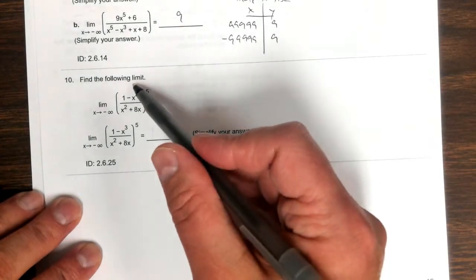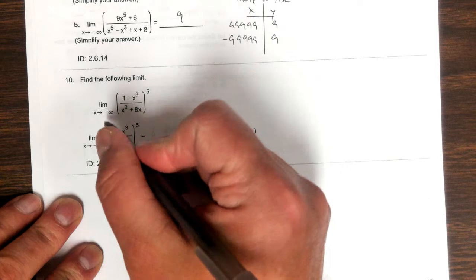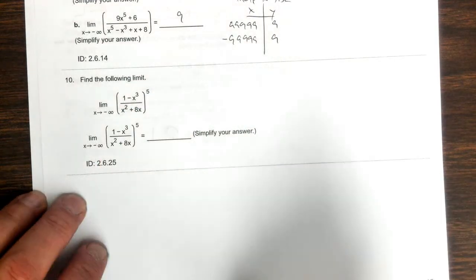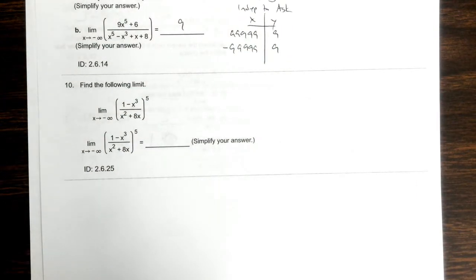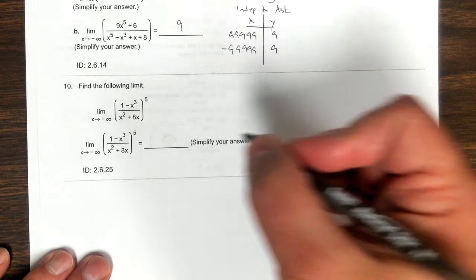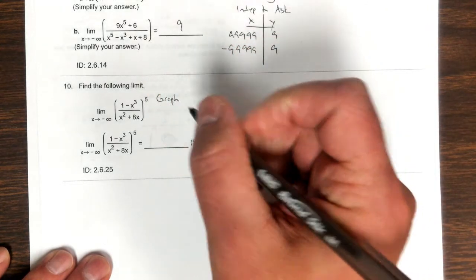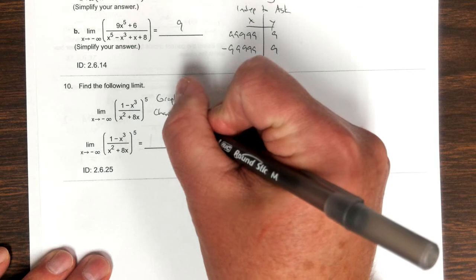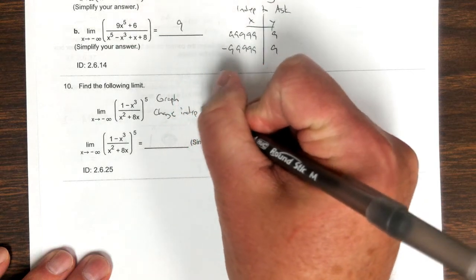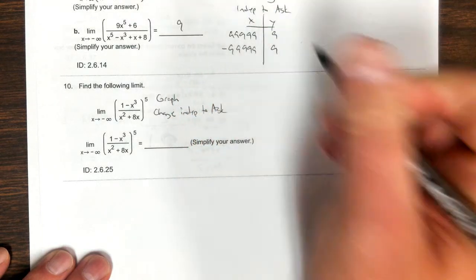Okay, on the next one, find the following limit, and it's from the left, because it's x approaches negative infinity. So again, on this one, graph it if you want to, and change independent to ask, like I did above.